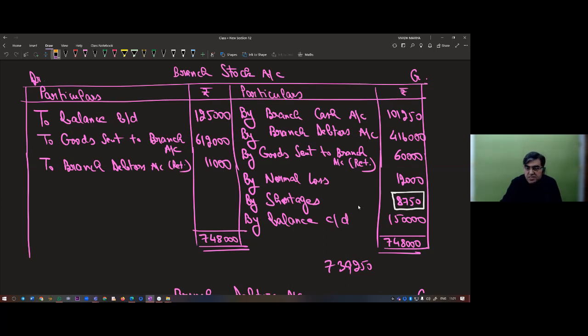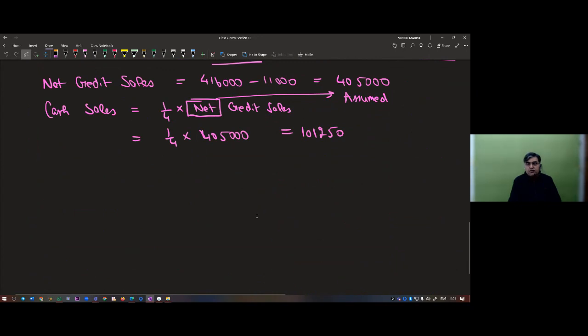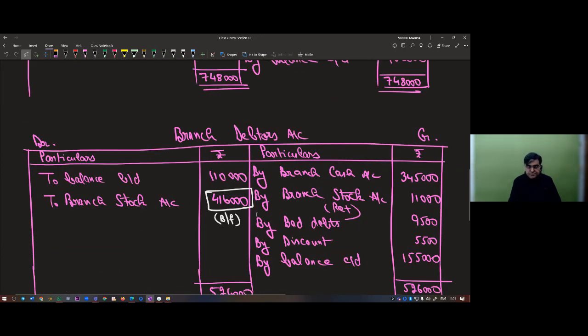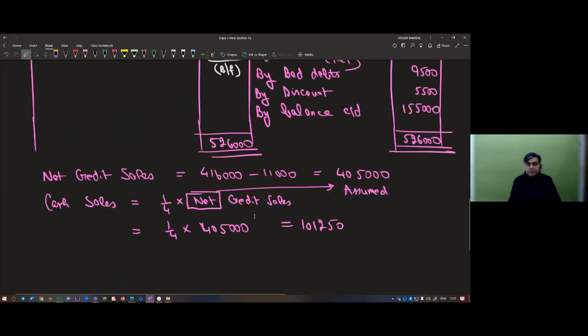That is the balancing figure, shortages. We move further. All seems very well. No problem.